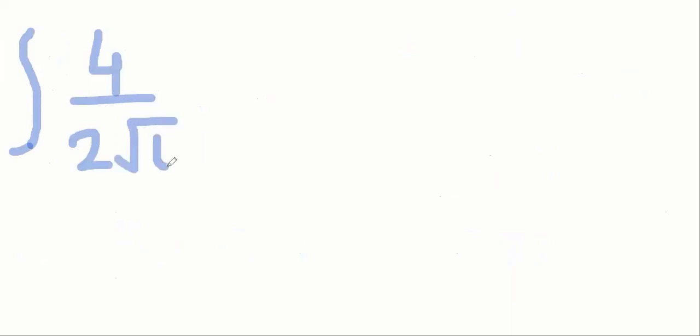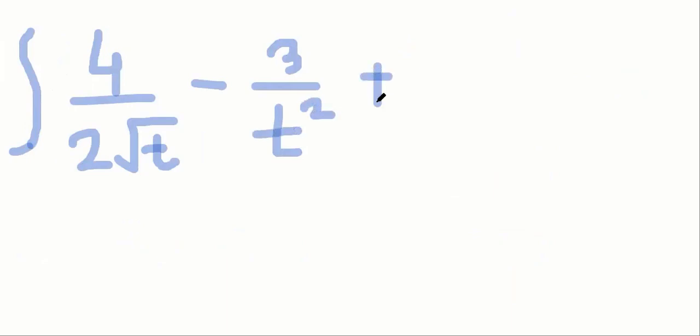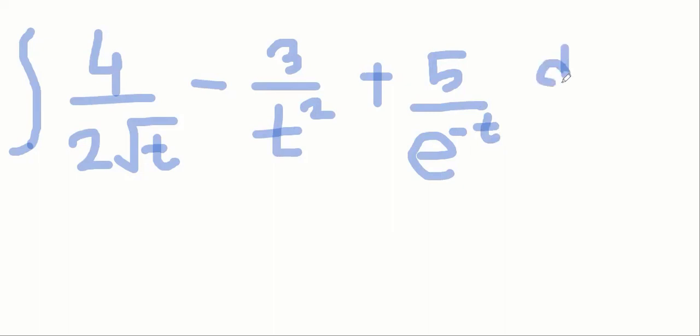So let's solve everybody this question now. Let's see how many can do it. Integration of 4 by 2 root t minus 3 by t square plus 5 by e to the power minus t dt. Tell me the answer of this, everyone.